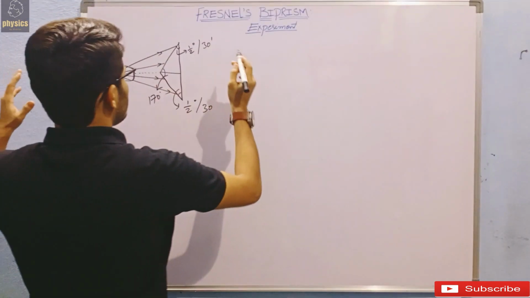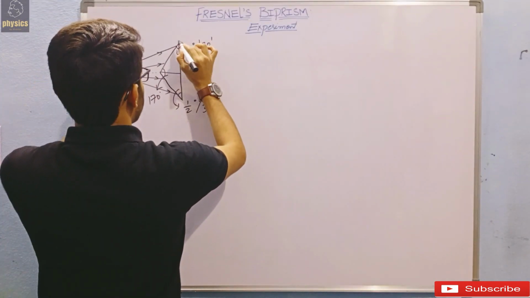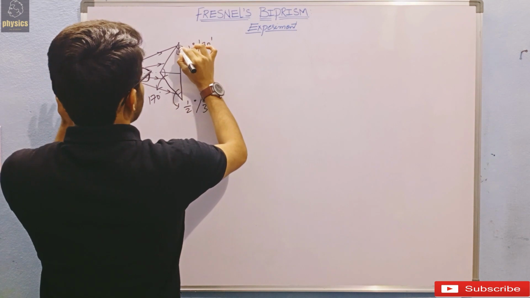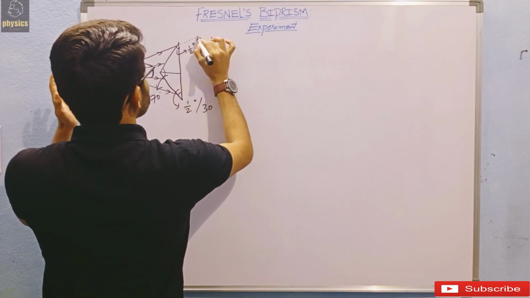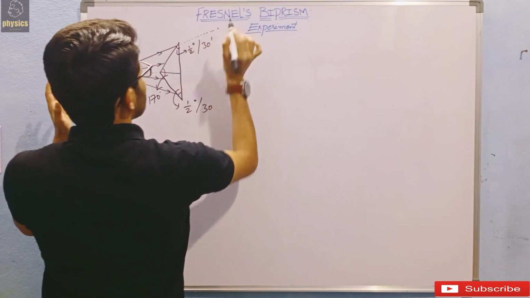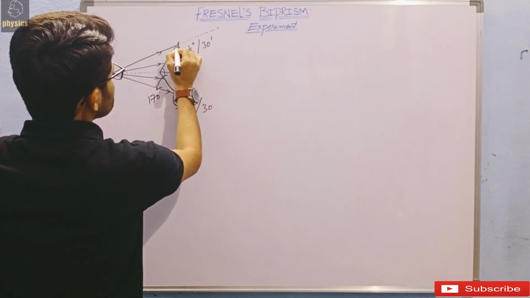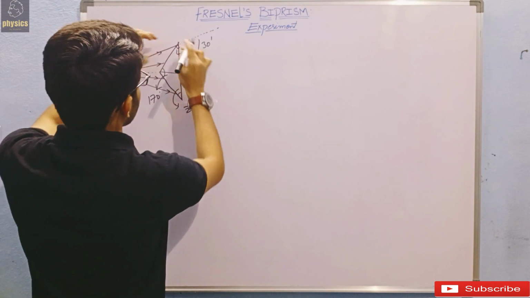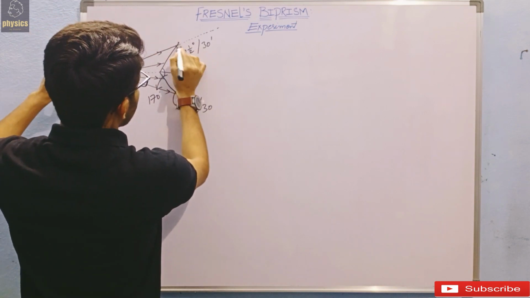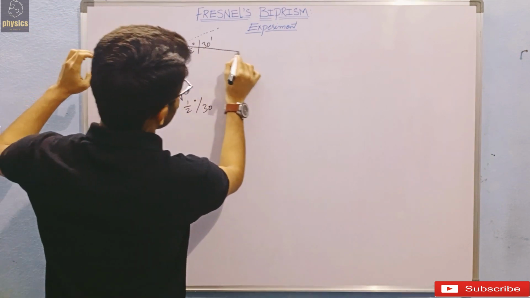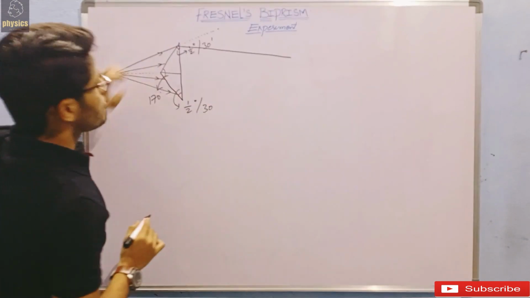Normally, if you take a plain glass, the light will go straight like this, with no deviation. But because of this angle, it will go something like this, and from here the ray will bend towards the base of the biprism.